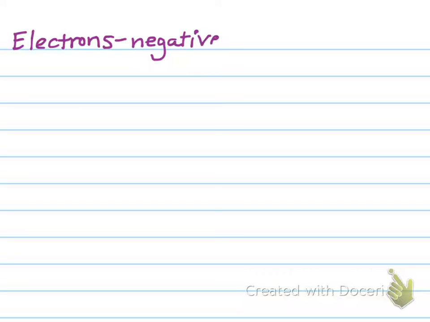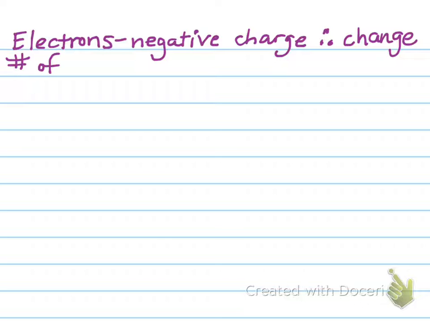So that leaves us with electrons. Now, electrons, remember, have a negative charge. And this is what we're going to do. We're going to change our number of electrons to form ions.